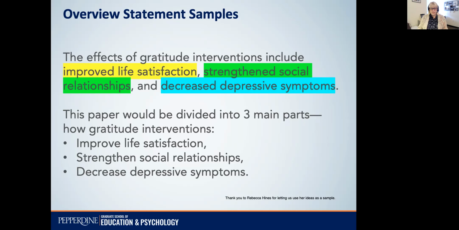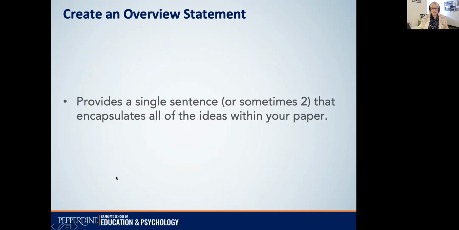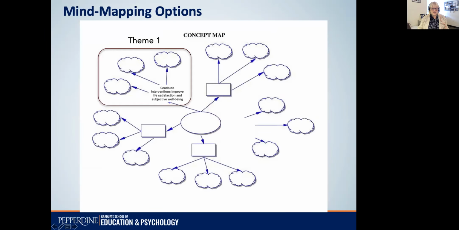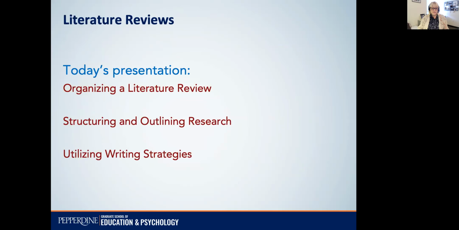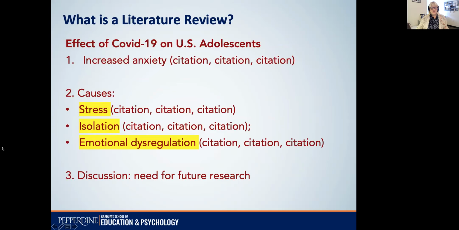As you're writing your paper, you're going to not only present that really clear overview statement in your intro, but think of each sentence opening each paragraph in your paper as like a mini part of your outline. So for example, if I go back to this, the newer example about COVID, I would have a paragraph that begins talking about increased anxiety.